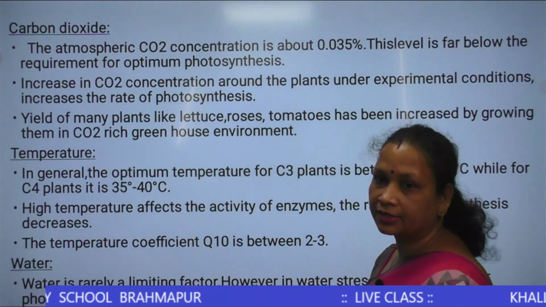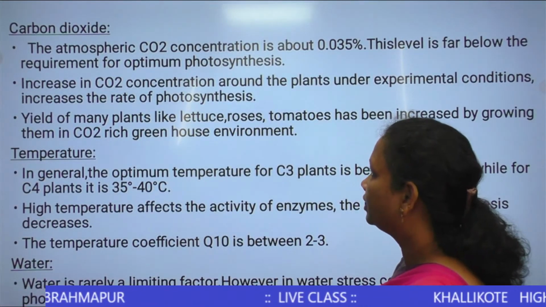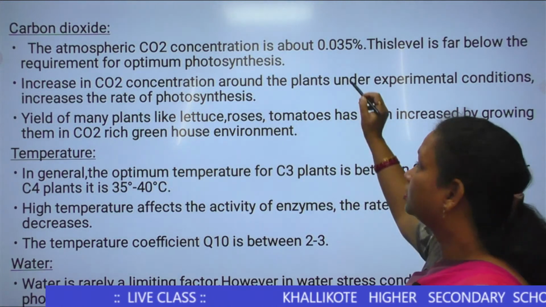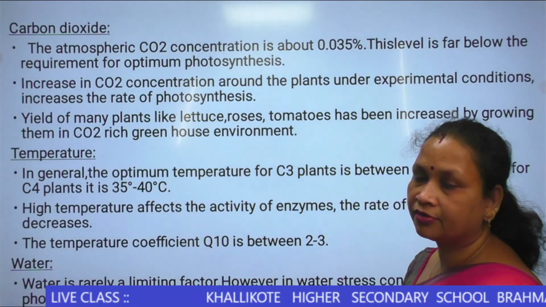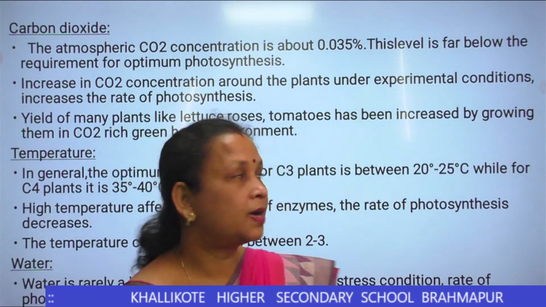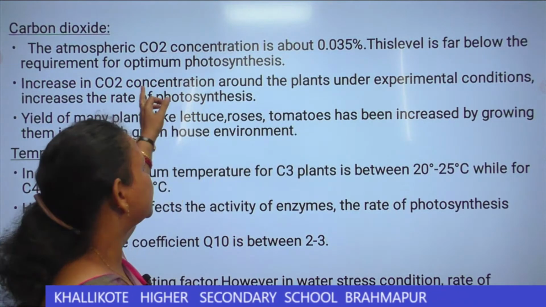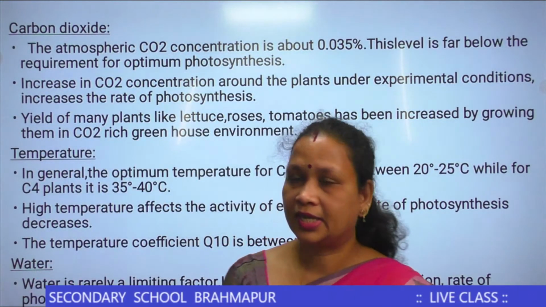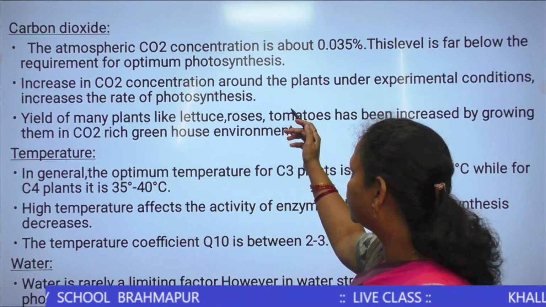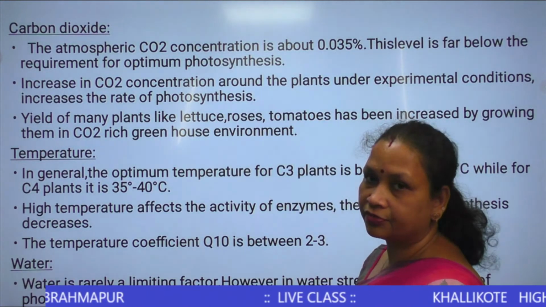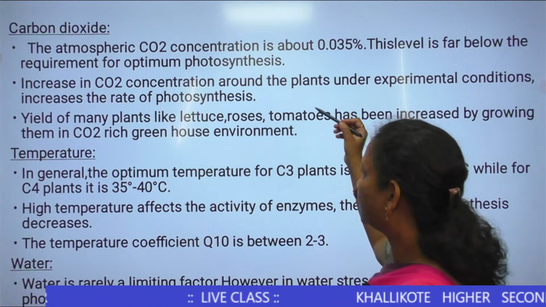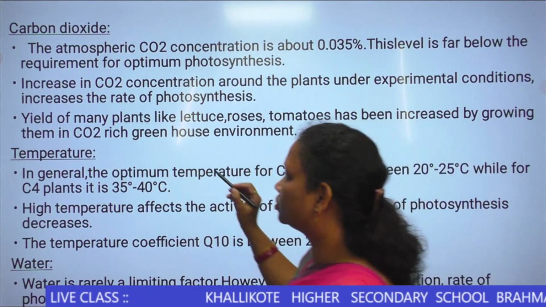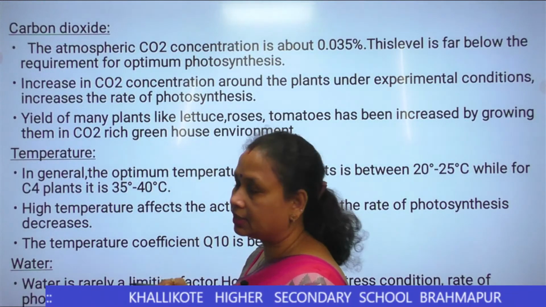The next factor is carbon dioxide. The atmospheric carbon dioxide concentration is about 0.035%, which is much lower than what is required for optimum photosynthesis. In laboratory or artificial conditions, when we increase the amount of carbon dioxide, the rate of photosynthesis also increases.